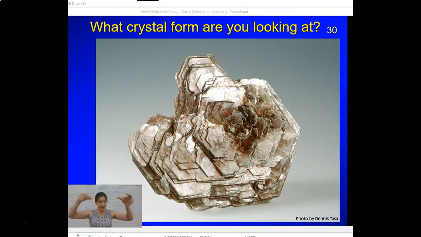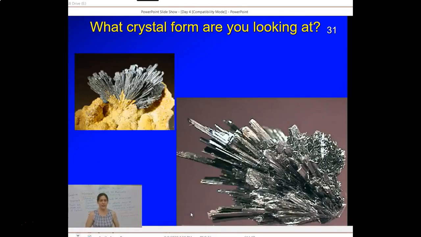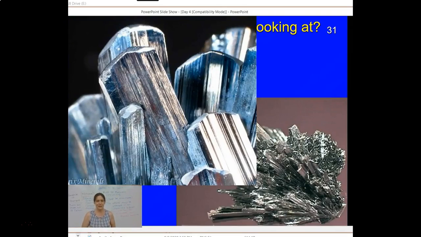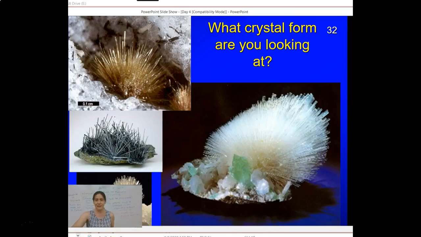If I just have a thin strip of paper, then I get that next one, which looks like knife blades, maybe a whole bunch of little knives sticking out of the rock. That's called bladed, if it looks like blades. There's a close-up of it. Each individual piece would look like a butter knife. So some minerals grow with a bladed crystal form.